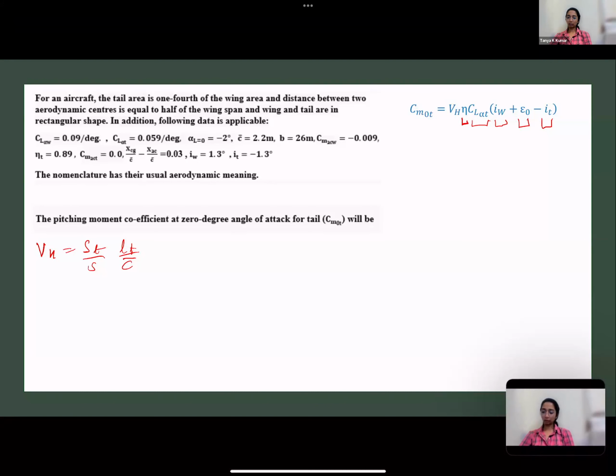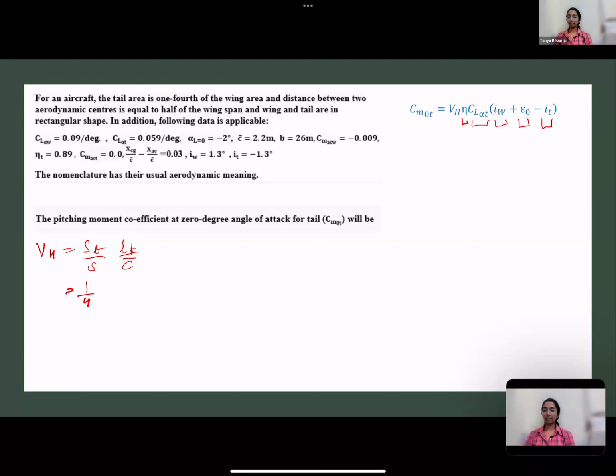Okay. So ST upon S, where S is the wing area. Can you find out? Just read the first line of the question. For an aircraft, the tail area is 1/4 of the wing area. So ST upon S is 1/4.